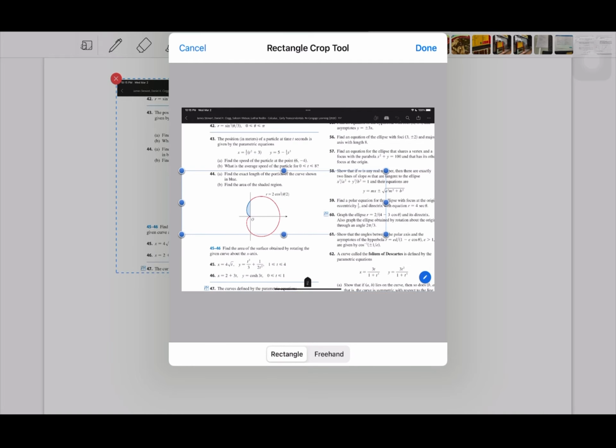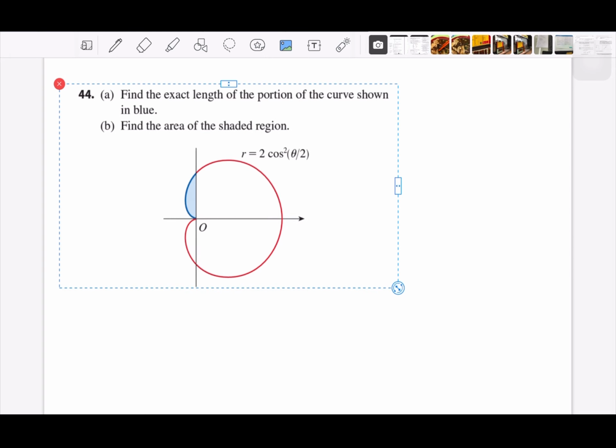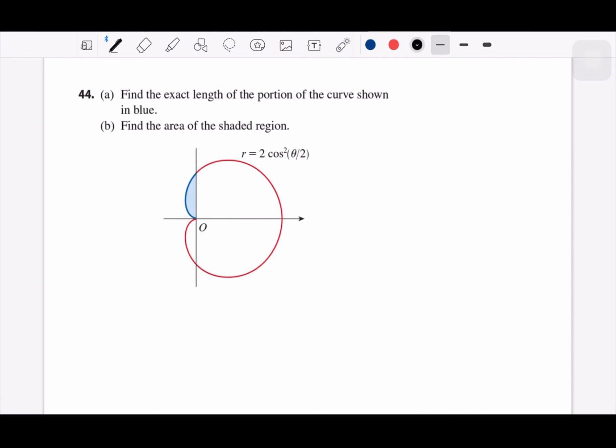Let me start a little bit random. Maybe the one from the textbook first. Okay, maybe this one first. This is the polar curves. Okay, maybe polar curves first.